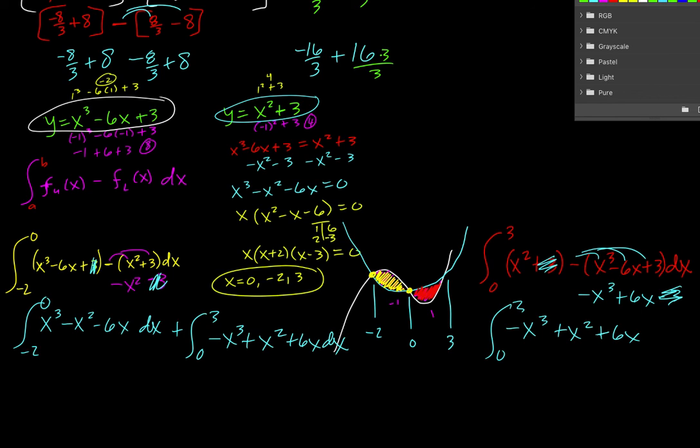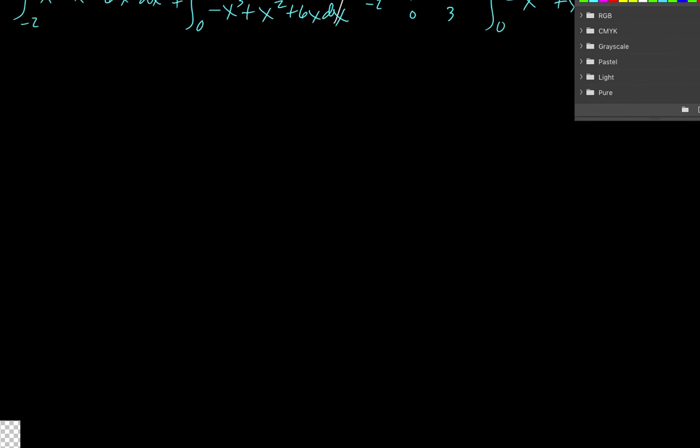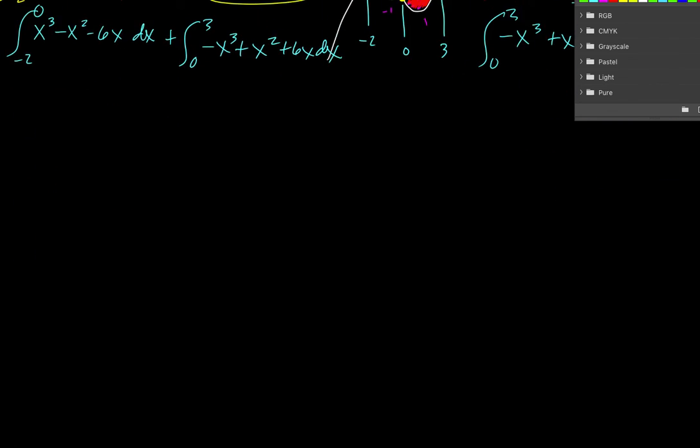All right, now it just comes down to doing this by hand. So we take the antiderivative, and there's high potential to make mistakes on this.